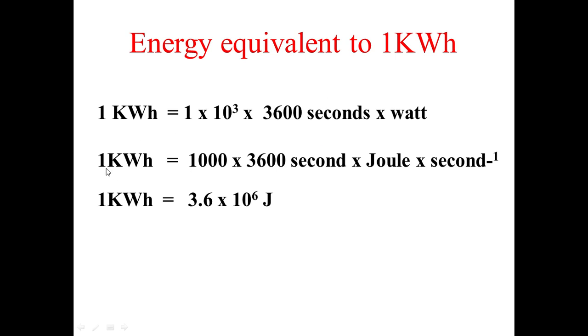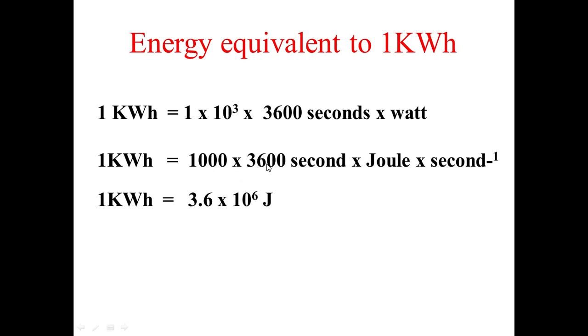So 1 kilowatt hour can be further extended. This 10 to the power 3 can be written as 1000. Watt is extended as joule per second. Second cancels out with the seconds. So finally we get joule here. How many zeros are there? 1, 2, 3, 4, 5 zeros.